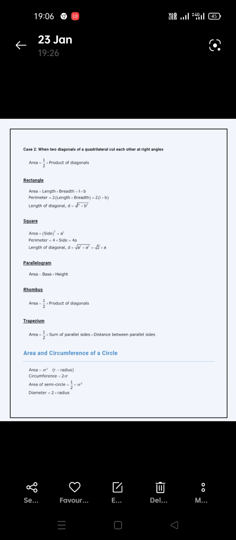Suppose length is 2 and B is 4: the square of 2 is 4 and the square of 4 is 16, so adding gives under root of the sum. This is the length of the diagonal.